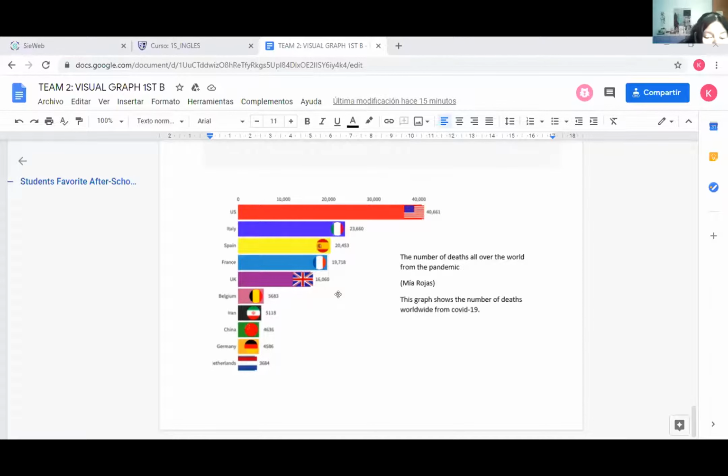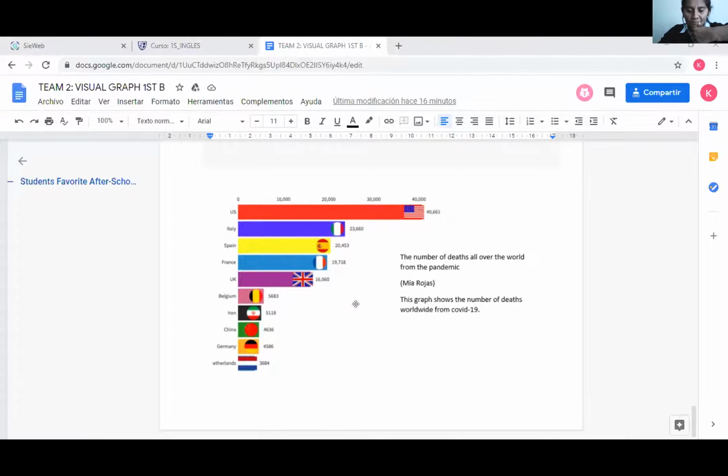Good afternoon. Today I'm going to talk about the number of deaths all over the world from the pandemic. This graph shows the number of deaths worldwide from COVID-19. The color red represents the USA. The color violet represents Italy. The color yellow represents Spain.